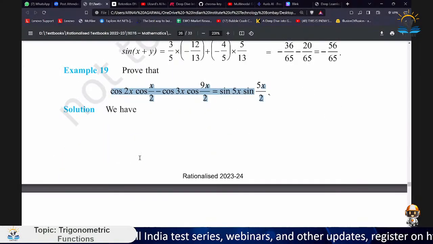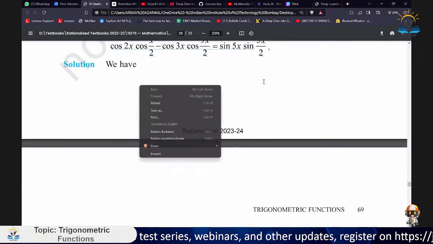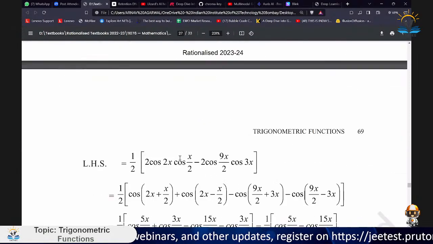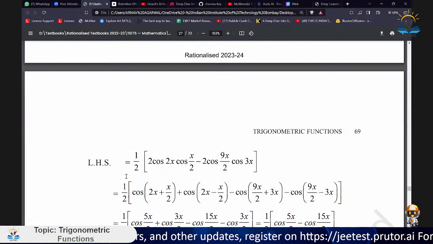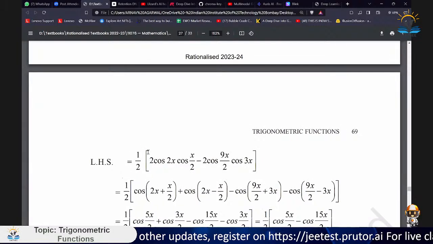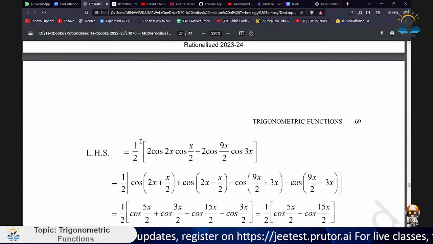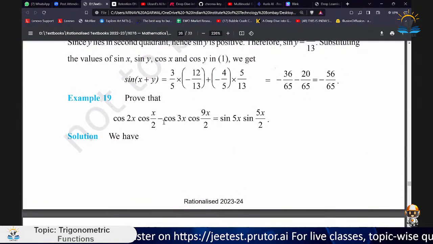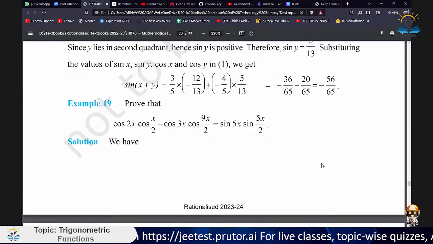So that's what we will do now. We will defactorize all these three terms. That's what they have written. Now, why did we multiply by half? Because we know that we can defactorize only when multiplying with 2. 2 cos A cos B is equal to cos (A plus B) by 2 plus cos (A minus B) by 2, right?